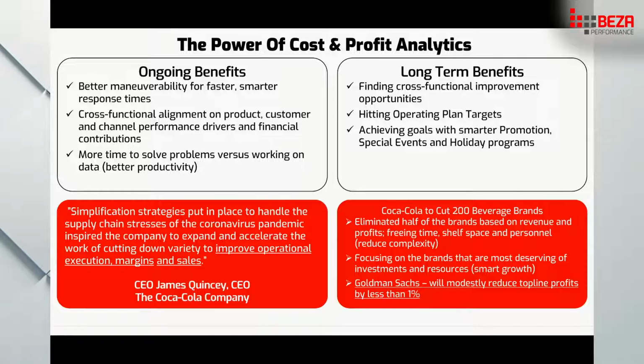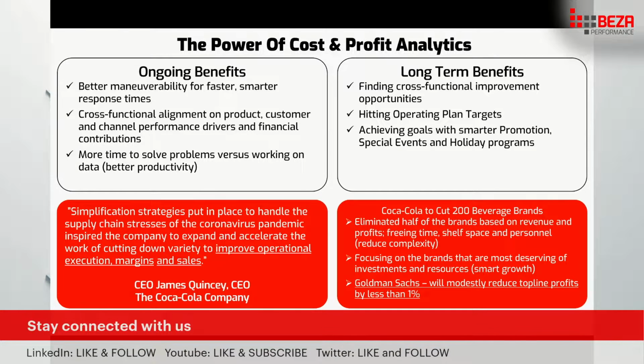And that's a bold move. They wanted to take out the products that were just not performing well so they could apply those resources to the products that were absolutely going to be the winners for their company. And that was an announcement made in July of 2020.